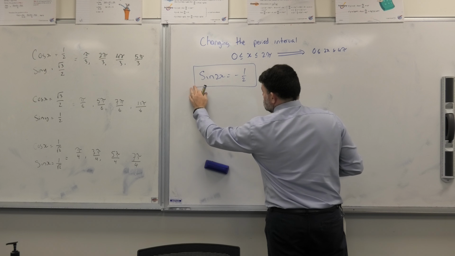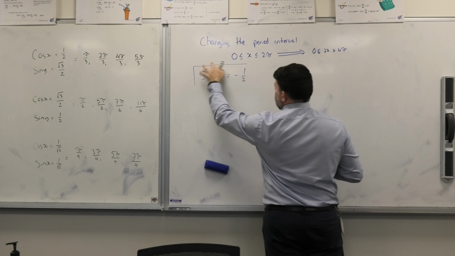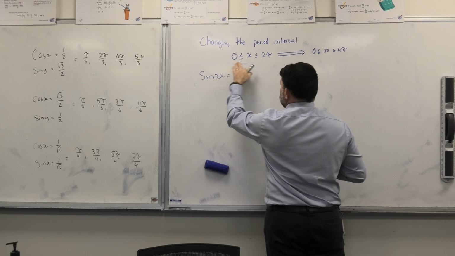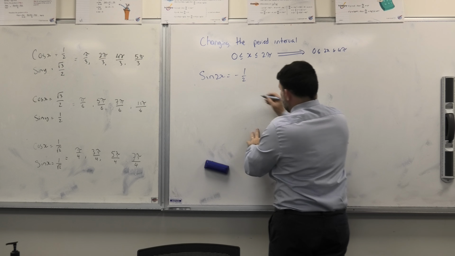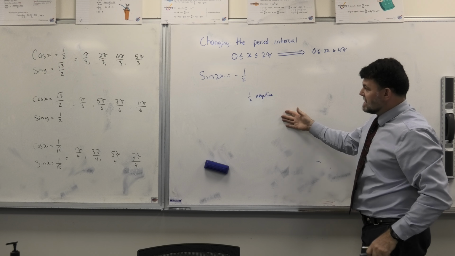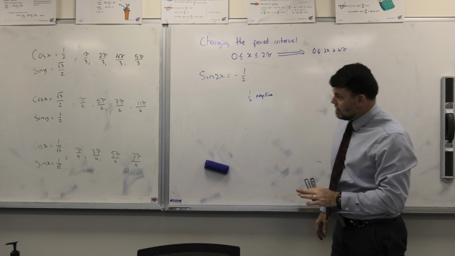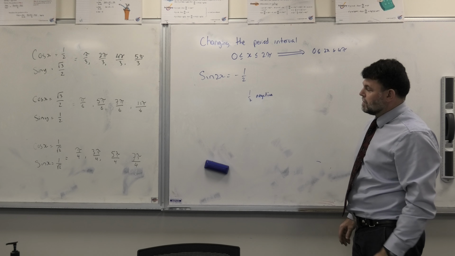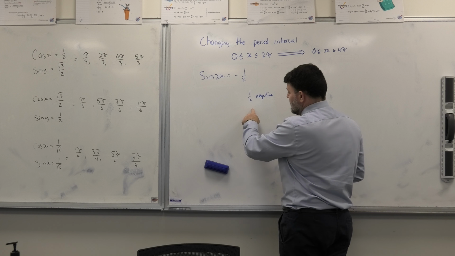Let's now start solving this question like we did for the previous questions. So the first thing we notice is that half is a negative value. Now, because it's negative, that means that sine is going to be negative as well. So where is sine negative?